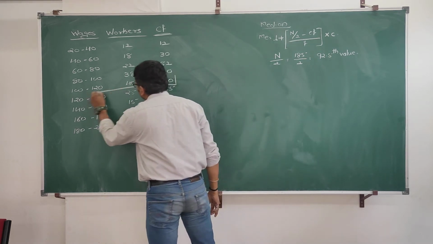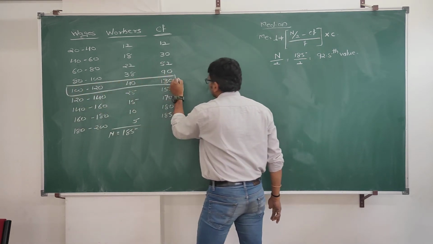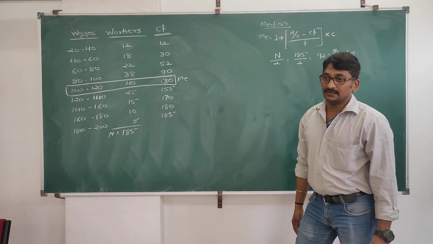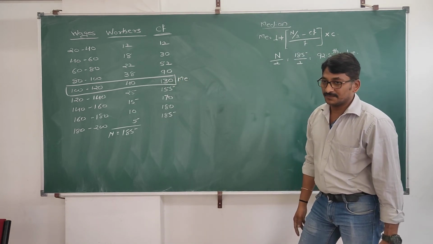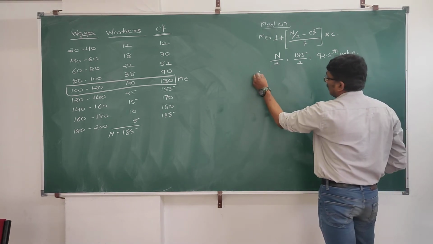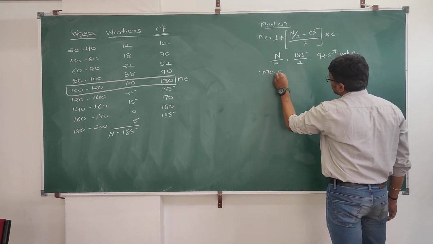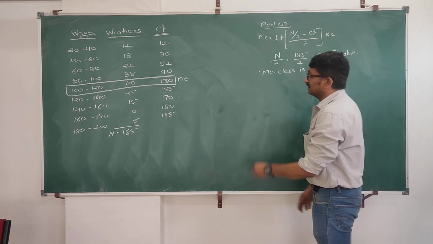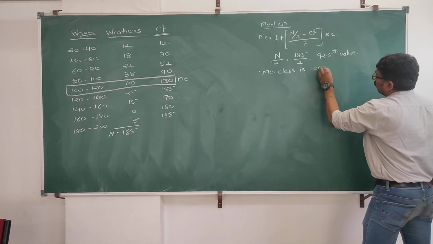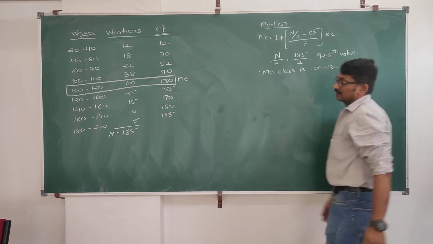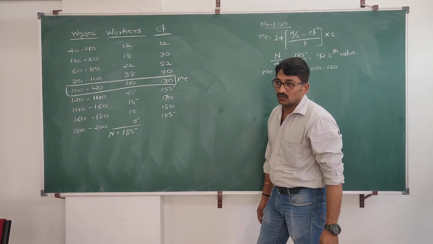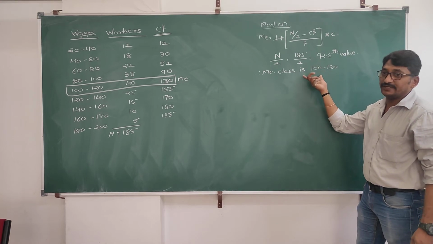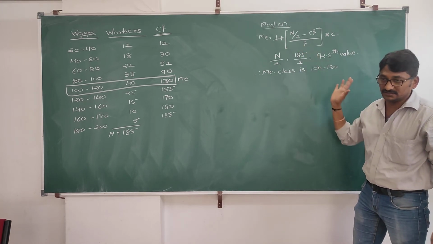Mark it like this. This is your median. Correct? So below this you write: therefore median class is 100 to 120. This is important, median class, because based on median class only we will get the other notations.